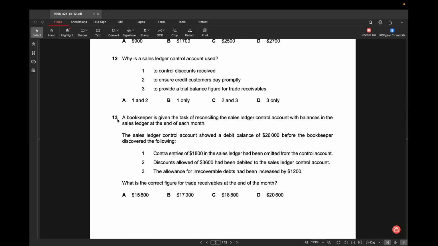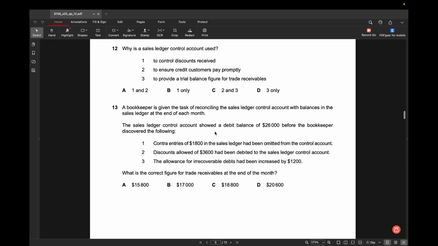13. A bookkeeper is given a task of reconciling the sales ledger control account with the balance in the sales ledger at the end of each month. The sales ledger control account shows a debit balance of 2600 before the bookkeeper discovered the following. So right now in the control account we have 2600 and there are a few errors we need to take into consideration.